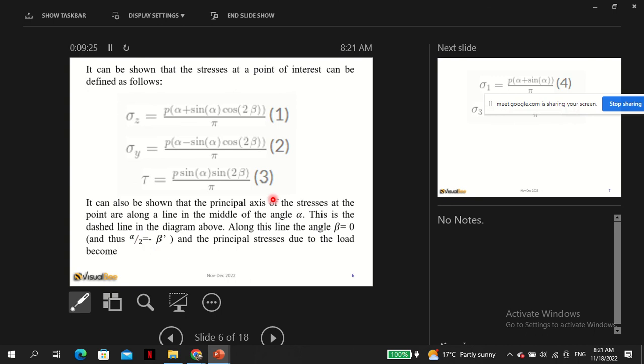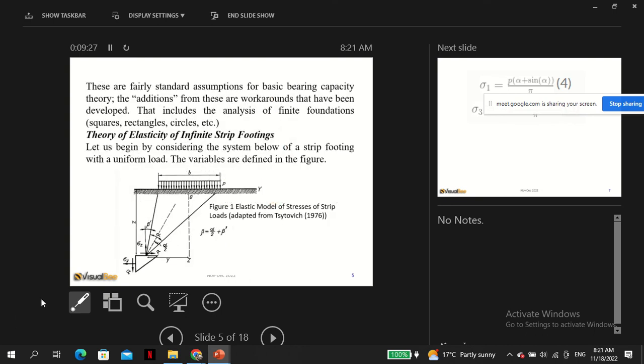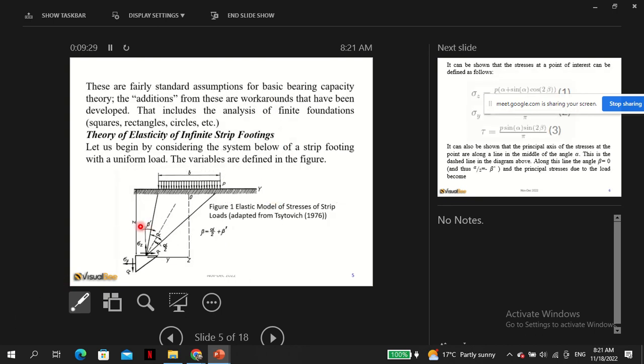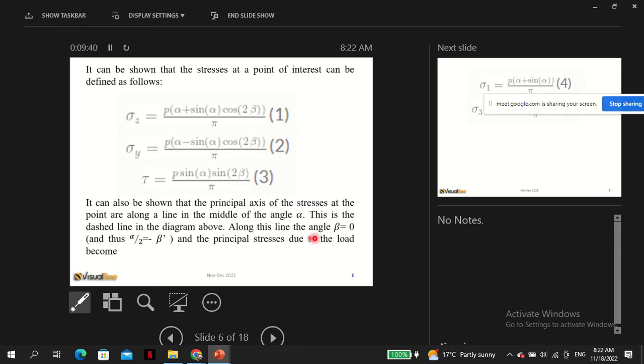So at this point this beta, this angle, we are saying is 0 in fact, because on this line the beta prime is not there. So what you're seeing is beta, not beta prime, but beta is 0, and thus alpha over 2 is negative beta prime, and the principal stresses due to the load.